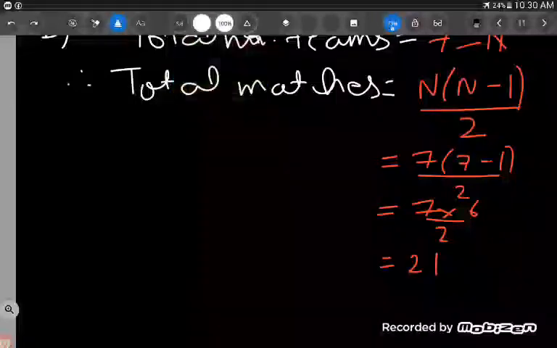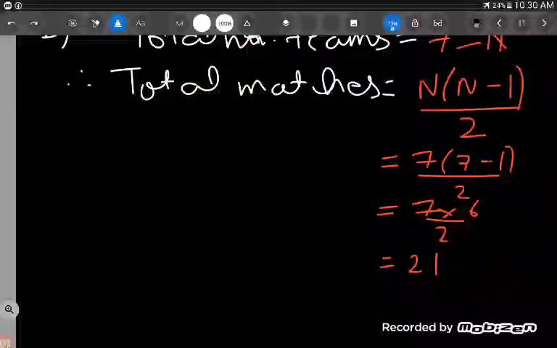Total number of the matches to be held is equal to 21.